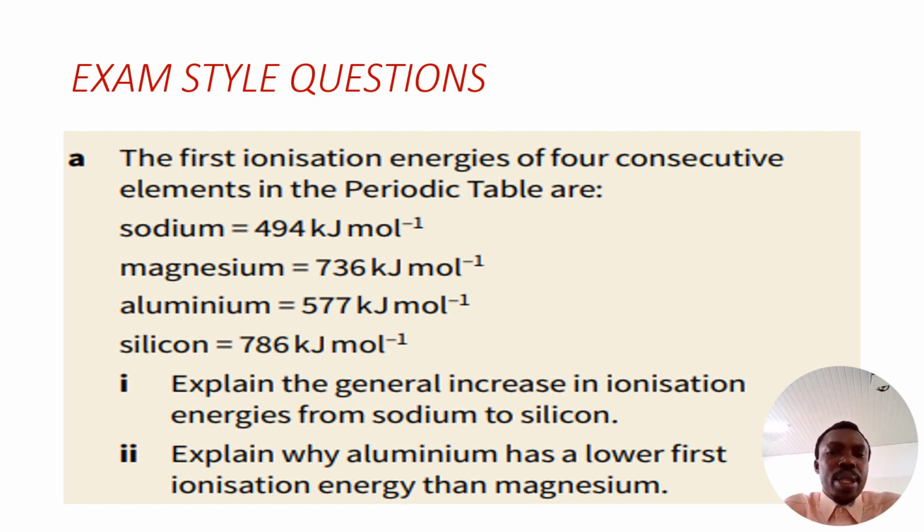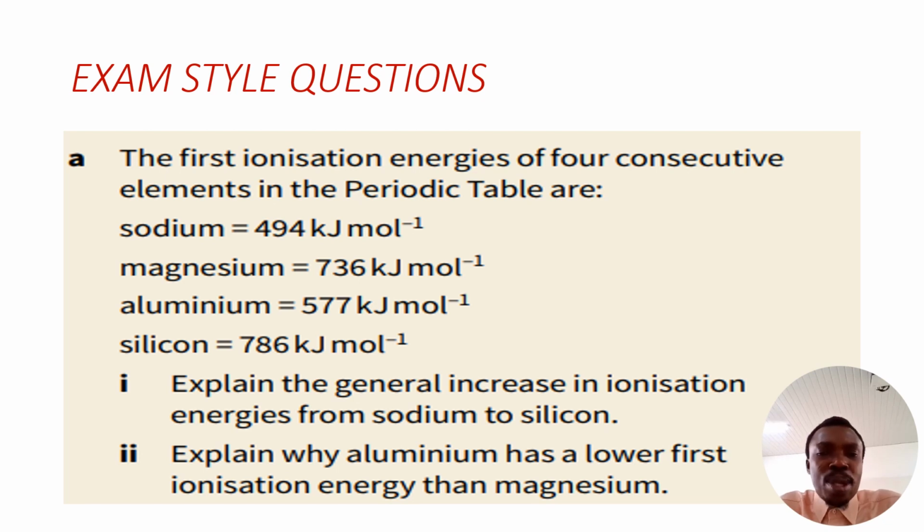They're asking you to explain the general increase in ionization energy from sodium to silicon. That means explaining the general increase in ionization energy across a period, because from sodium to silicon you are going across the period.